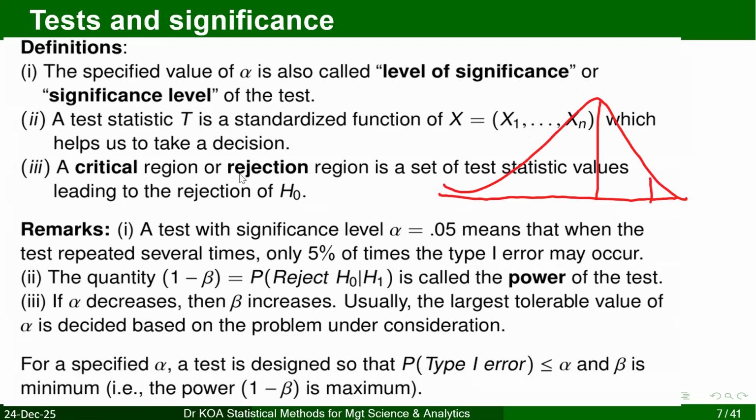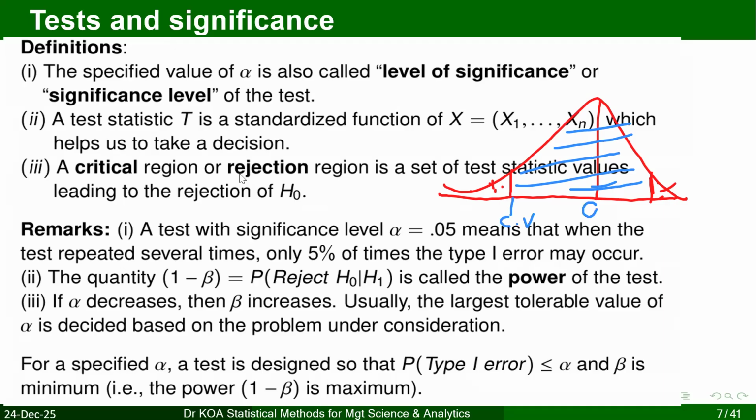In a normally distributed curve, the sections on the edges are the rejection region. Everything in between these two, this blue space, is the acceptance region. The gap that is here is what is known as the critical value. The critical values are here.